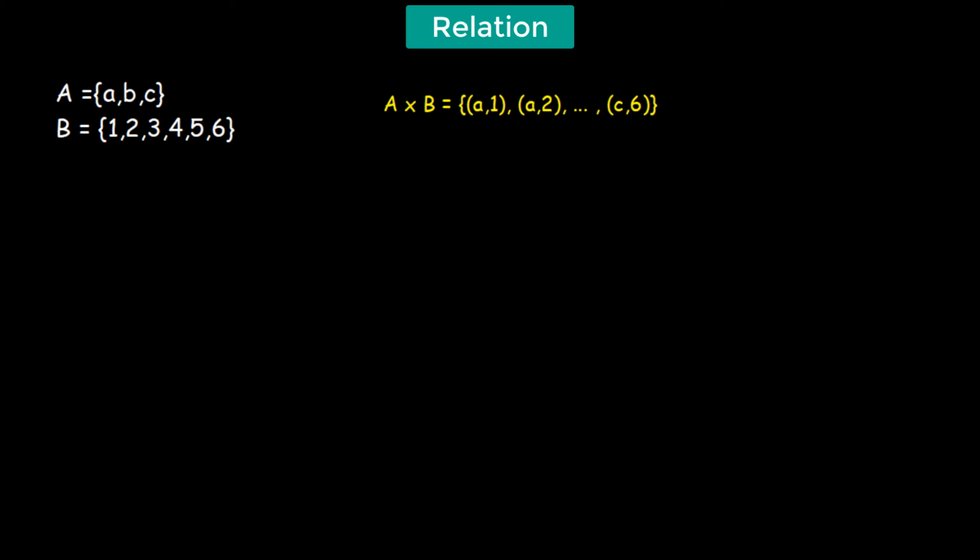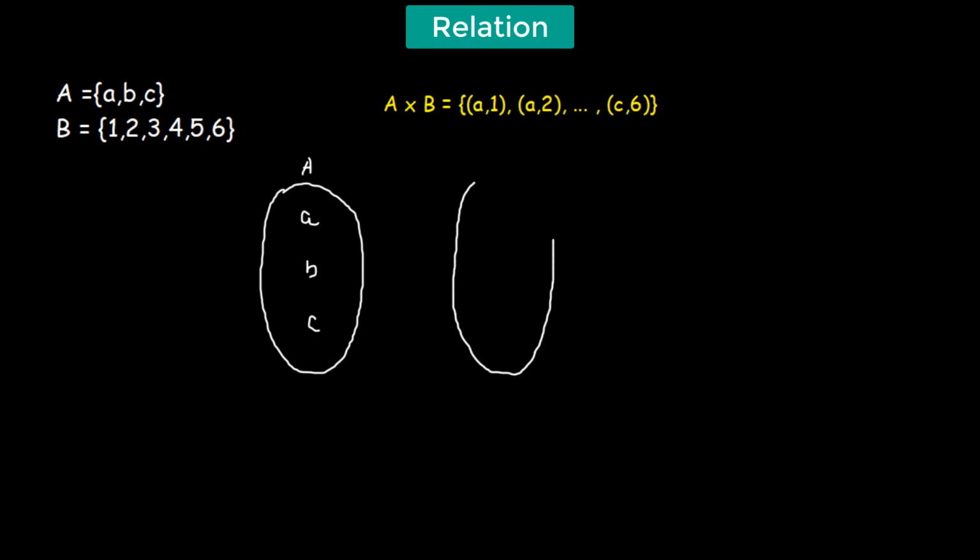We'll consider a Venn diagram for the set A and list out all the elements, so we'll have a, b and c. Then we consider another Venn diagram and list out all the elements present in set B. So that will be 1, 2, 3, 4, 5 and 6.